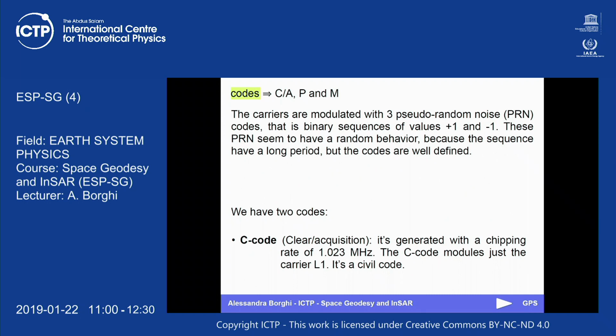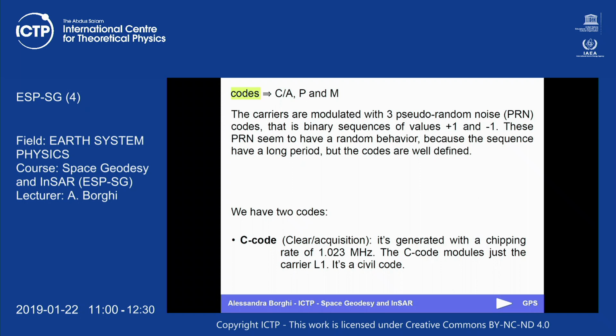Okay, now the code. The code is a binary code with a pseudo-random noise. It's a binary sequence of +1 or -1. And we have different types of code. We have the C/A code, or clear acquisition, that has this frequency, and this code modulates just L1.